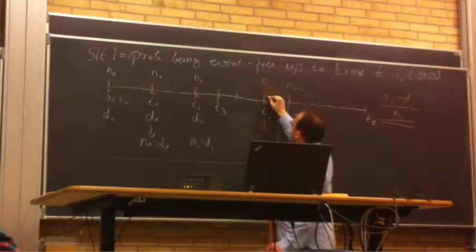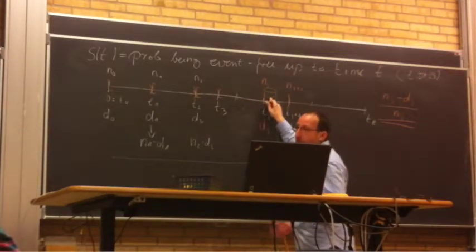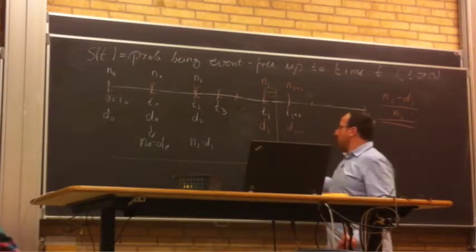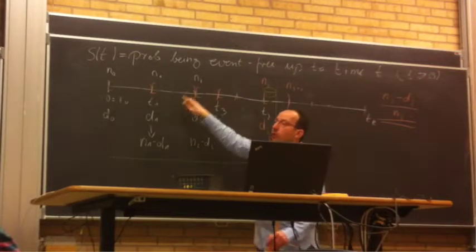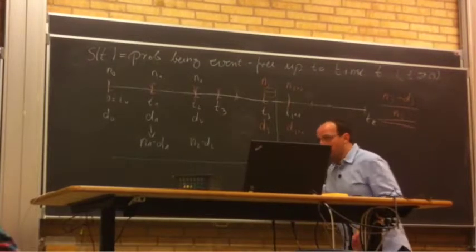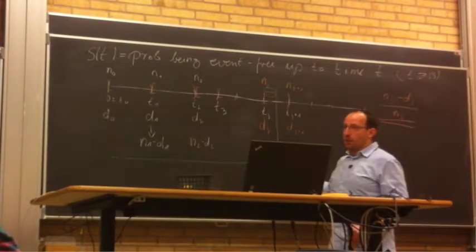So the conditional probability is only this, I would simply say yellow line, but you are interested in the probability of being event-free up to this time. So you have to multiply the foregoing conditional probability to get the probability of being event-free up to this time.